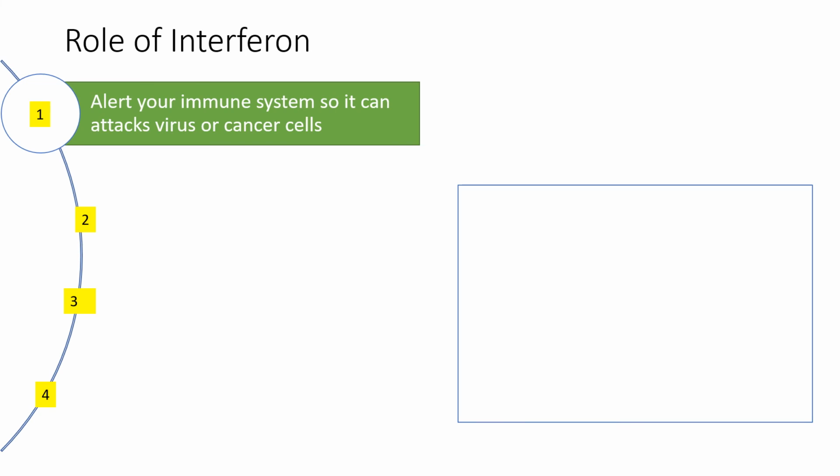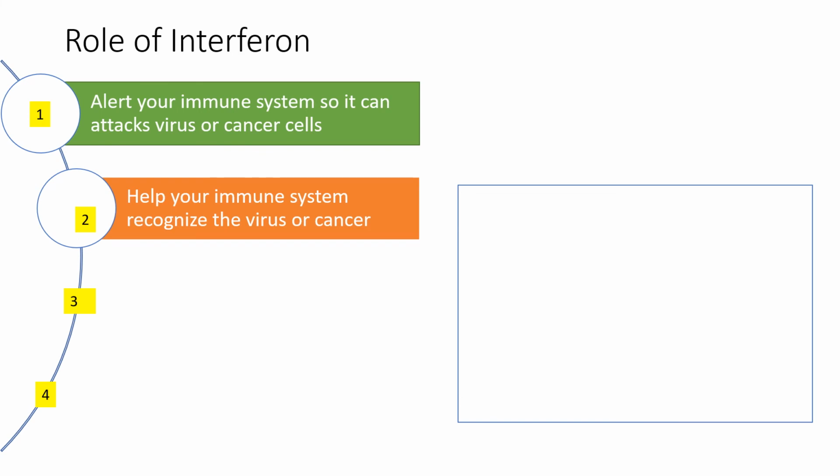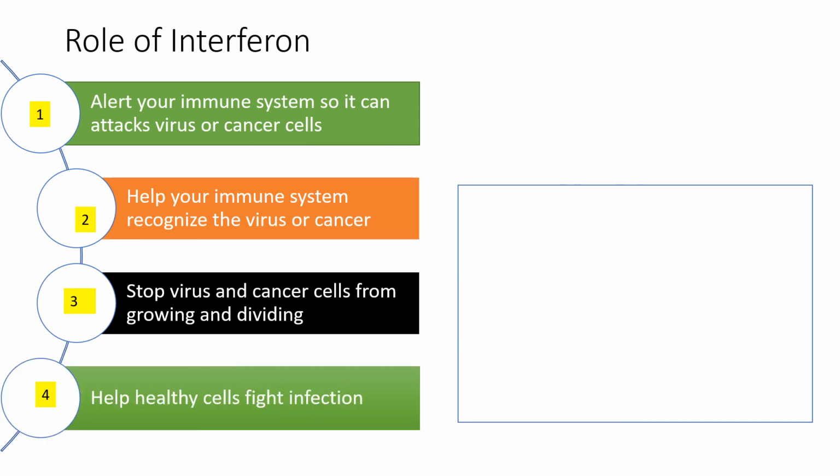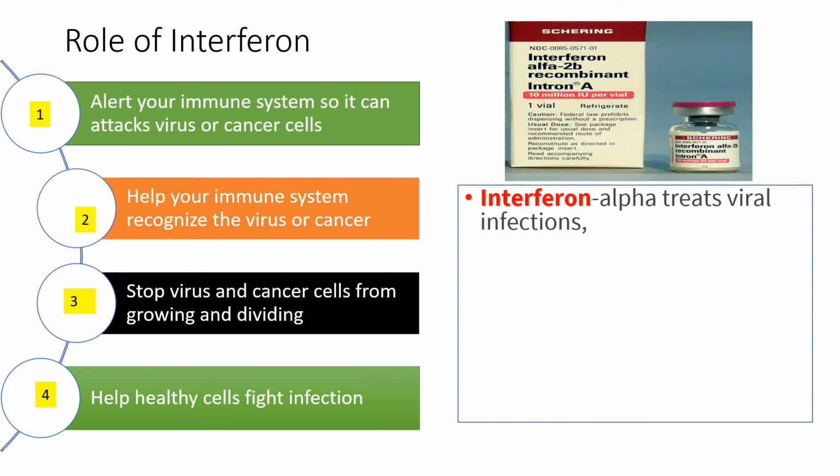So it is alerting your immune system so it can attack a virus or cancer cell. It helps your immune system to recognize various virus or cancer cells, stop them from growing and dividing, and keep the healthy cells ready for fighting the infection. Since viruses depend upon the nucleic acid of the host for protein synthesis, interferons have a markedly inhibitory role on replication of the virus.